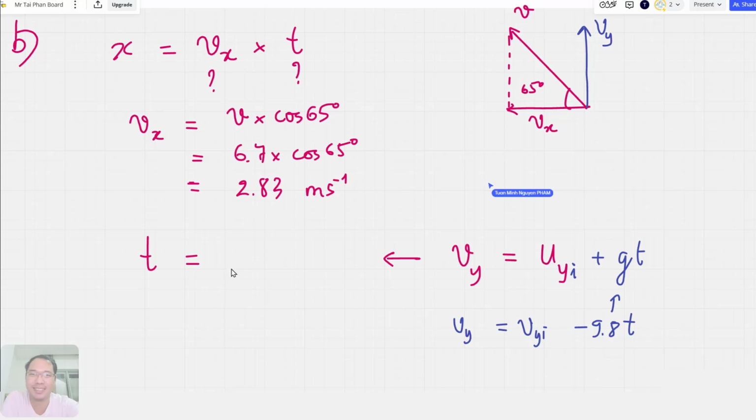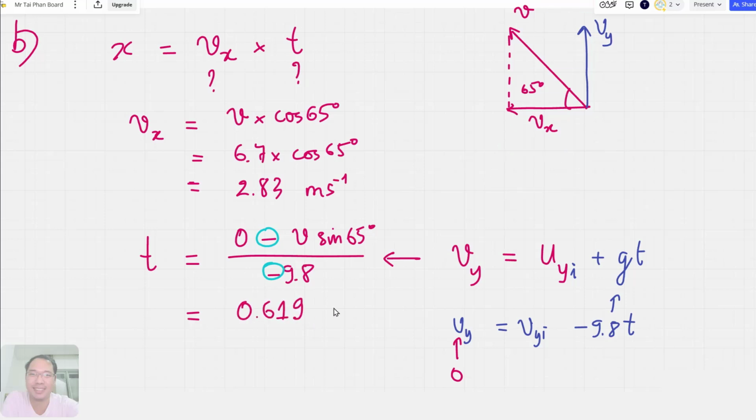The time is Vy on the top, which is 0, minus Vy initial, which is V times sine of the angle 65 degrees, divided by g, which is minus 9.8. The minus on the top and the bottom cancel each other, so we have a positive time, 0.619 second.